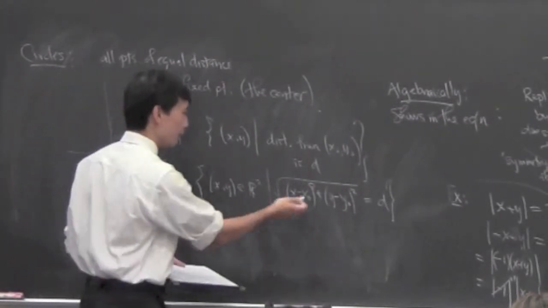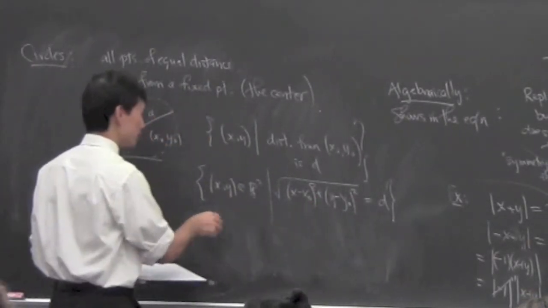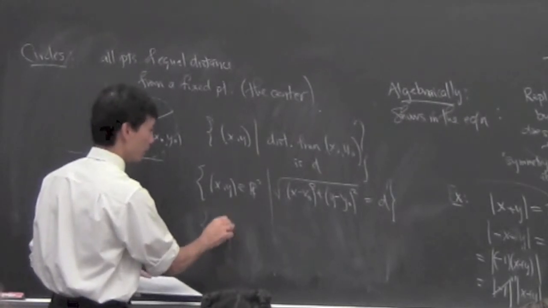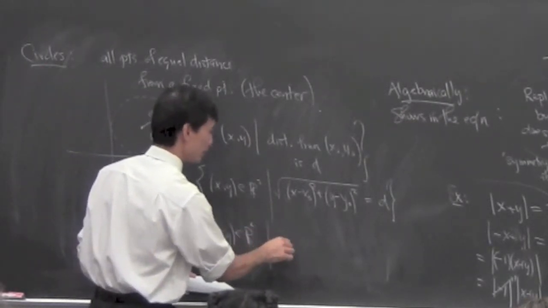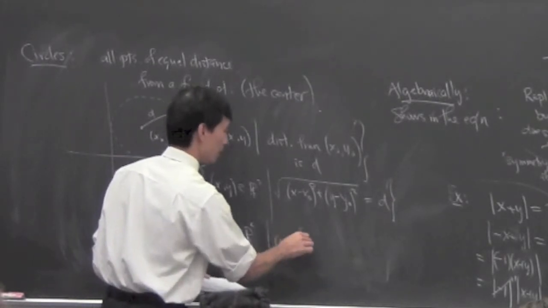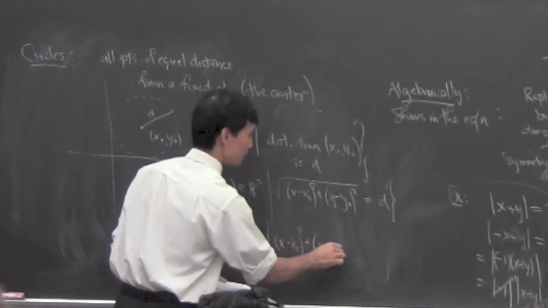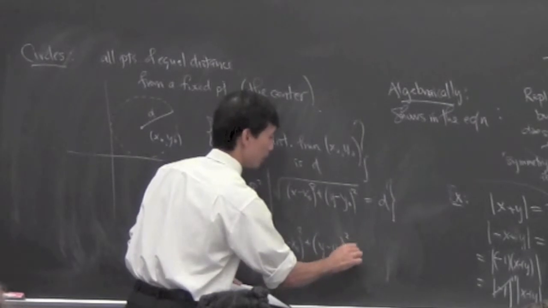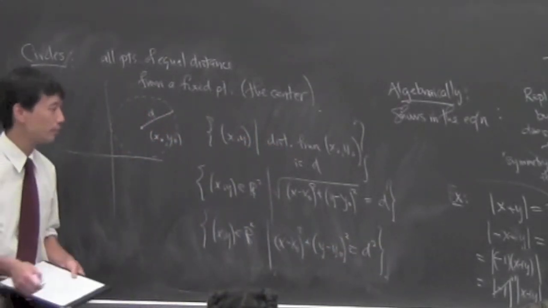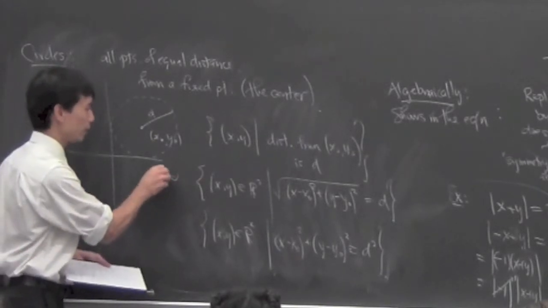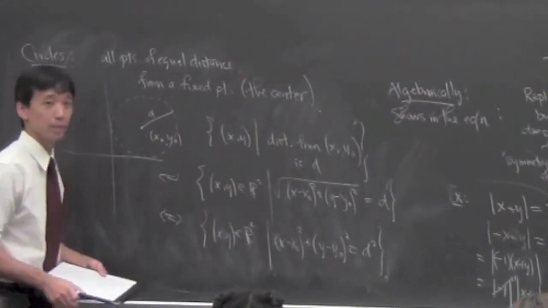Or if you want to square both sides, that's also legit. In this case it doesn't change the condition. This plus this is d squared. It's the same set.